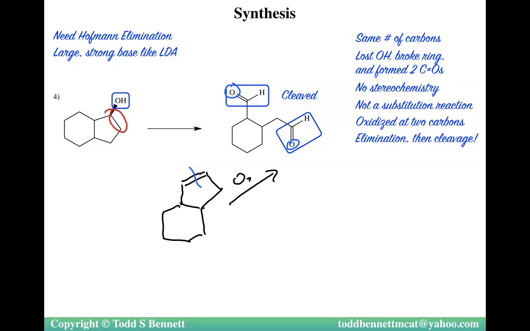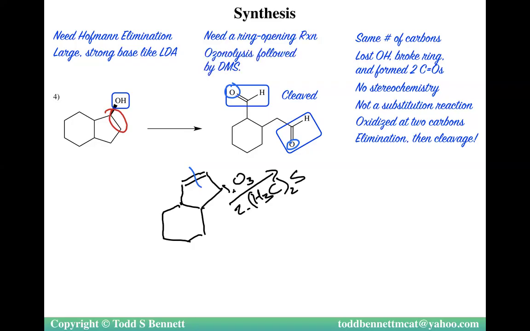So let me at least put this here. Ozonolysis step 1. Step 2 is methyl sulfide. So we have the two reactions, but this one, we actually have to do 2 steps.